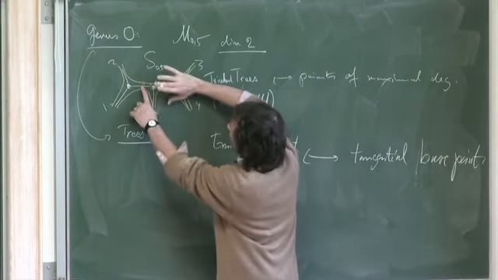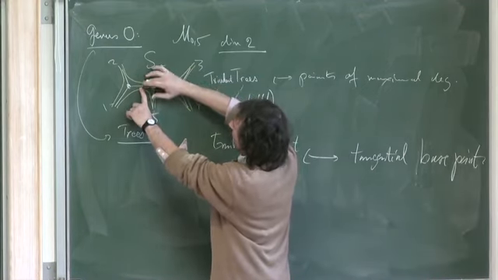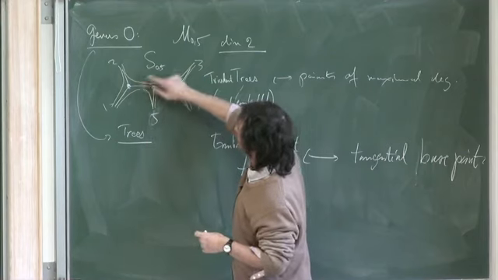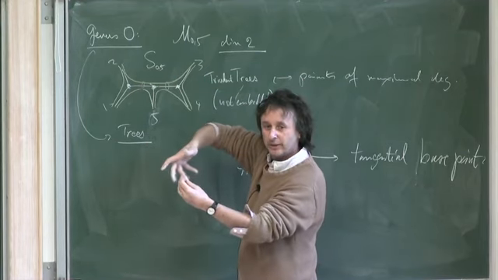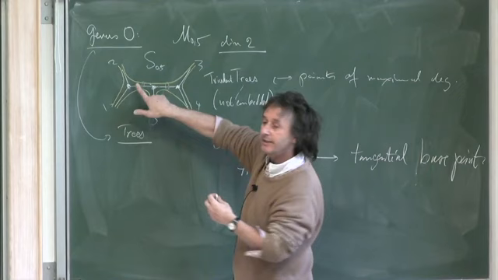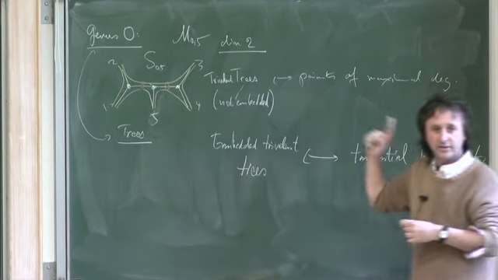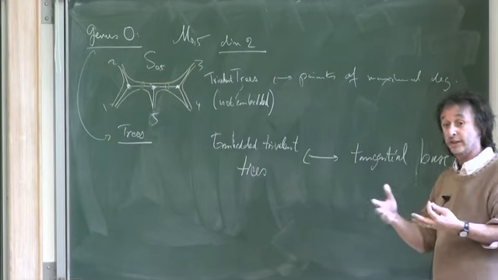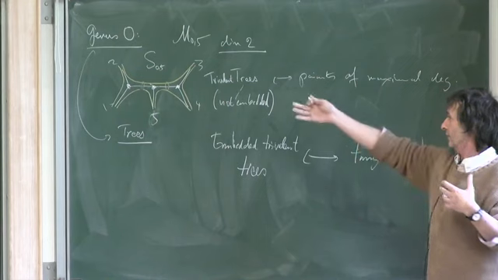By flipping along these internal edges. What can I do here? I can do a half twist along any internal edge, and then that will enumerate all the embeddings of the tree in the plane.